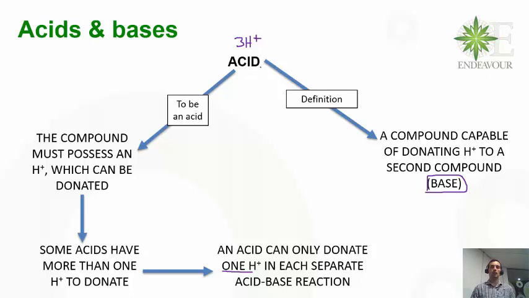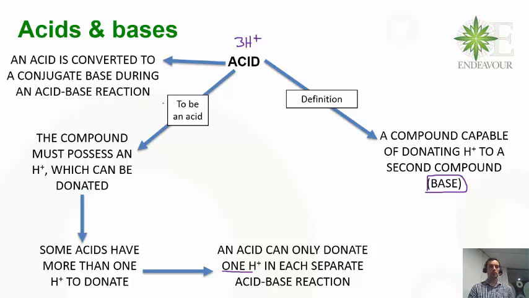You'd need to do 3 separate acid-base reactions. So the first acid-base reaction would give away 1 H plus, the second would give away another, and the third will give away the last of the 3 H plus. So essentially, to give away all 3 of those H plus, we need 3 separate acid-base reactions.